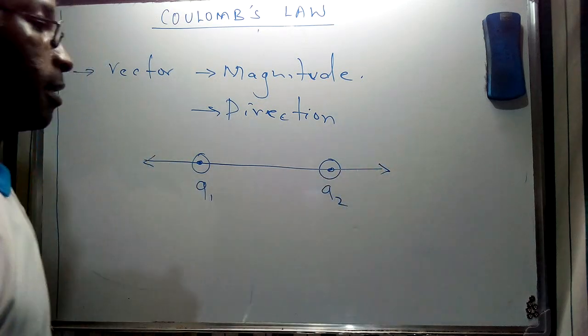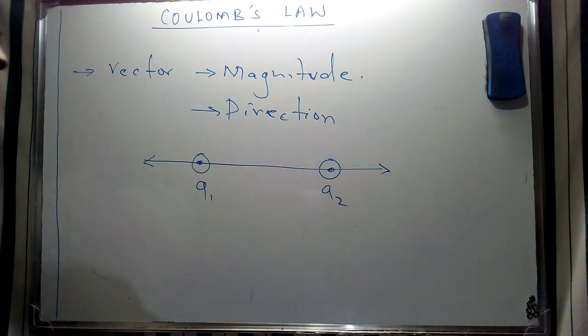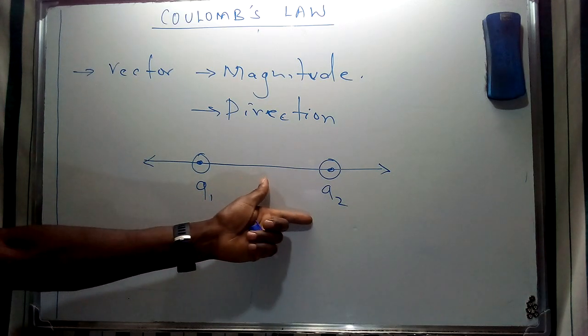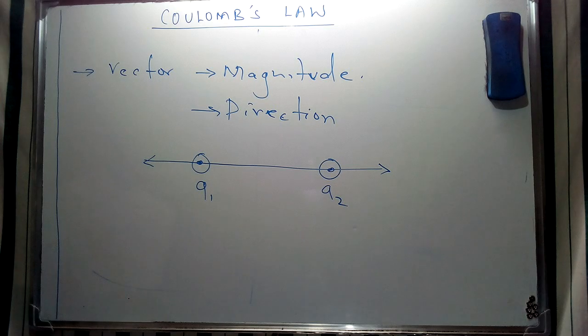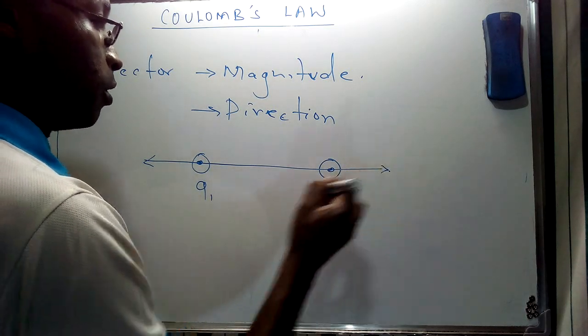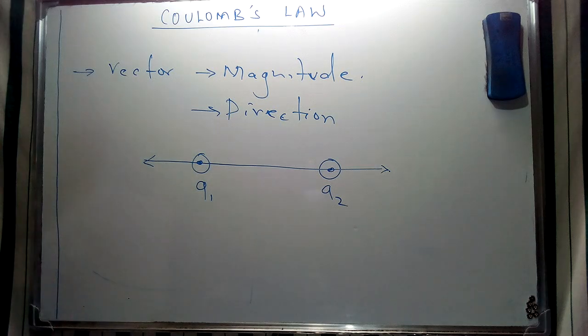If I put them facing in opposite directions, then there are repulsive forces experienced between the two particles. If we were to consider the aspect of resultant forces, in this particular case I'm just going to use that illustration.